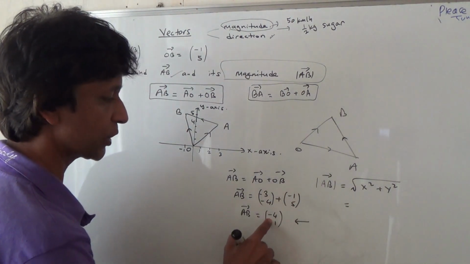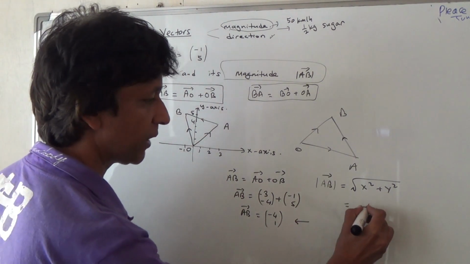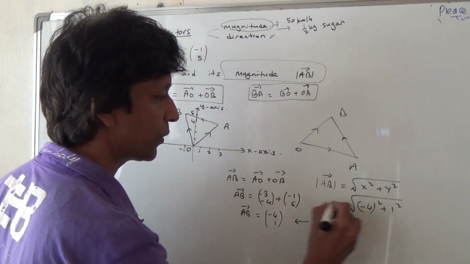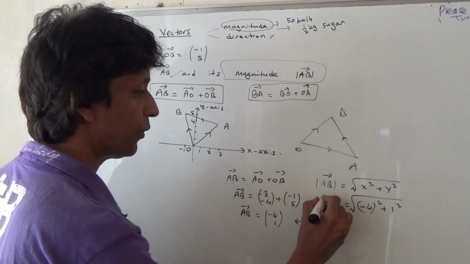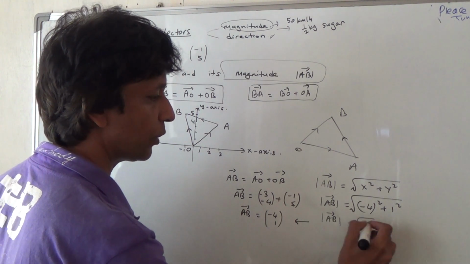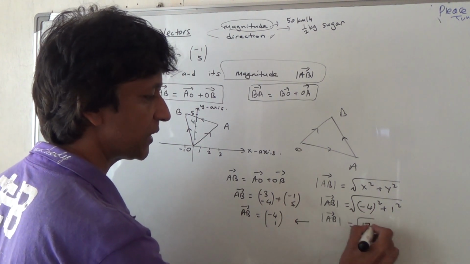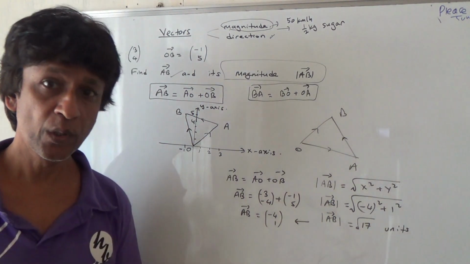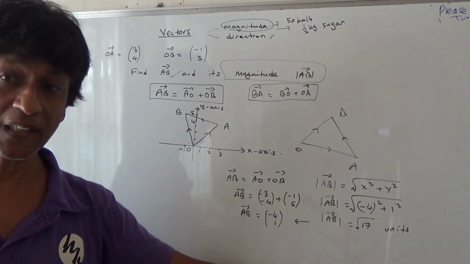The x is now -4 and the y is 1. So we have (-4) squared plus 1 squared, and you take the square root of that. This is the square root of 16 plus 1, which is the square root of 17 units. That's the exact value of the magnitude of vector AB.